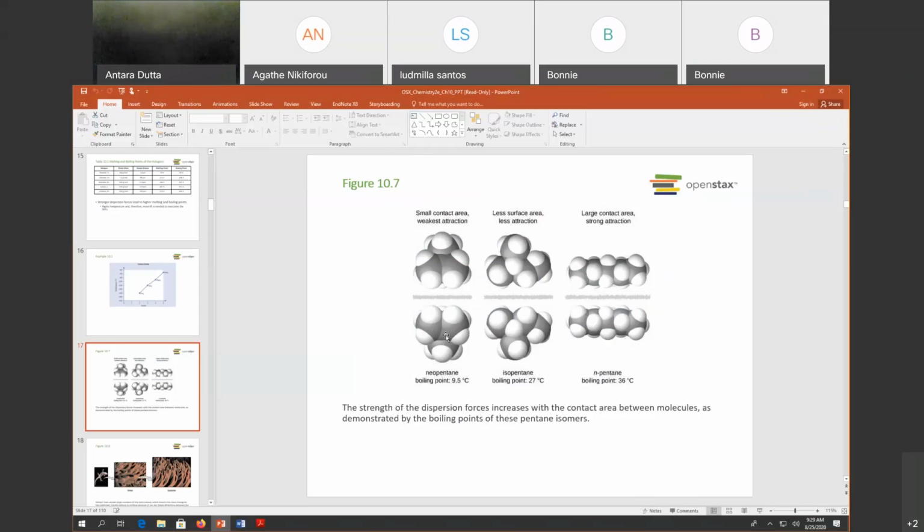So these are called isomers. They have the same number of atoms, but they look different. Their connectivities are different, okay? And if you look at their boiling points, neopentane has 9.5, isopentane is 27, and normal pentane is 33.